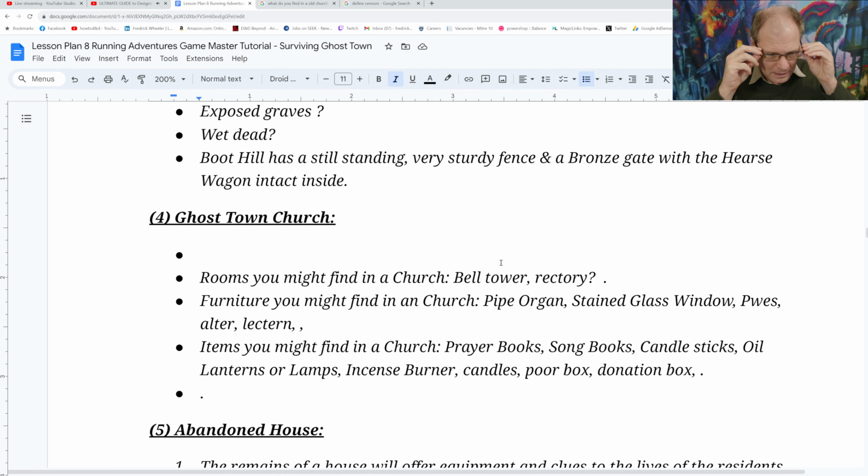So what have we got here? We've got a few different things going on. Let's put matches. We can put pipe organ or piano.